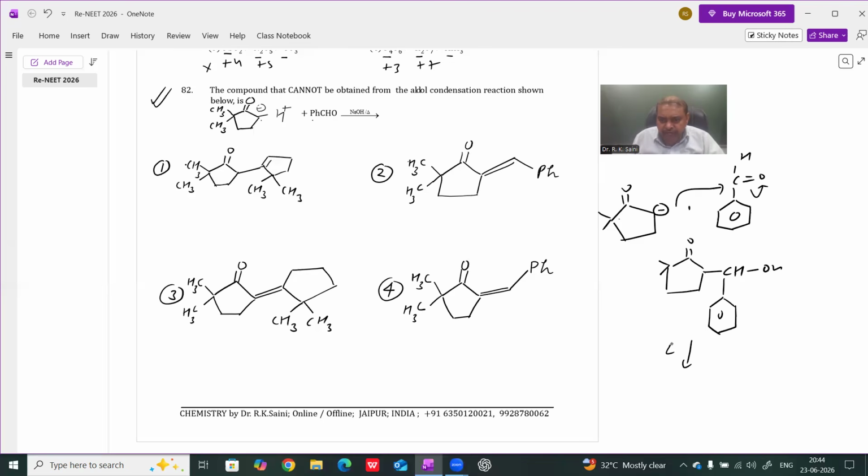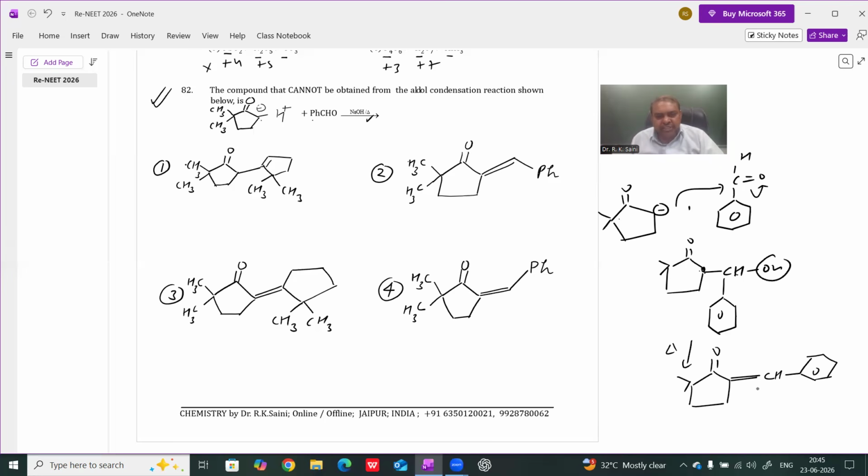On heating, they eliminate water and make an alpha beta unsaturated carbonyl compound. OH and H are removed from the alpha and beta, and the final product is this. The double bond takes place between this carbon and this carbon, and contains phenyl.